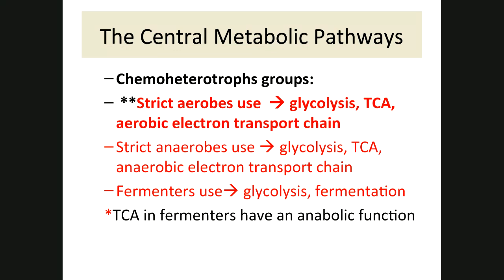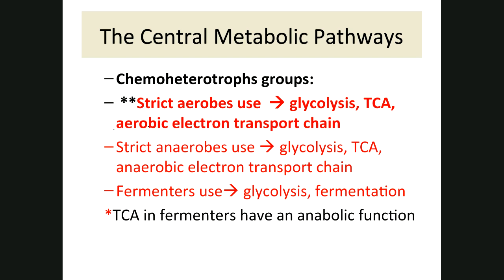Remember that some chemoheterotrophs are strict aerobes, which means they have glycolysis, the tricarboxylic acid cycle, and an aerobic electron transport chain. Other chemoheterotrophs may be strict anaerobes. If they're strict anaerobes, they cannot have an aerobic electron transport chain.